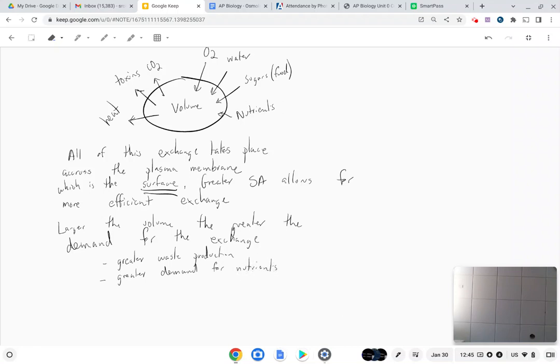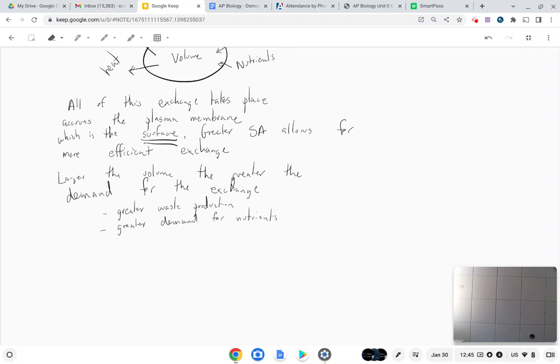Okay, so by now you can probably see why the surface area needs to be large and the volume needs to be small. If we want things to be maximally efficient for the cell, we want SA to be large and we want volume to be small. So we can say that over here.